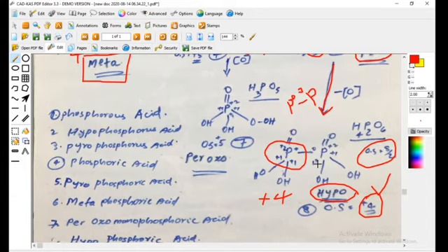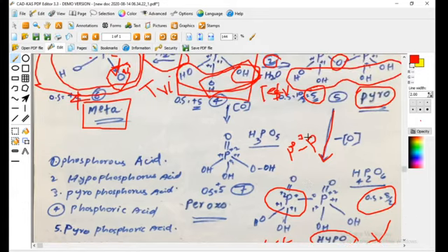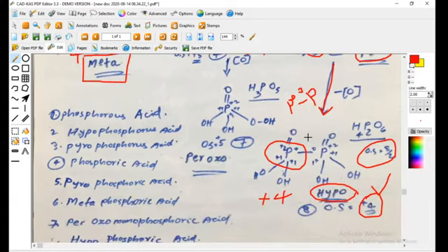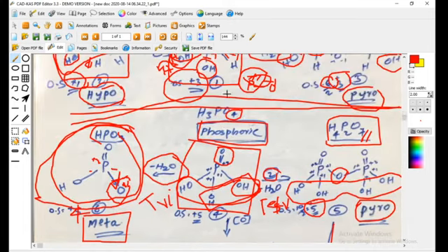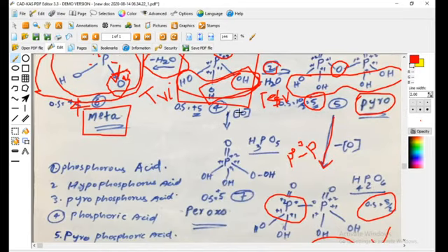In order to get the correct oxidation state of this type of acids, we have to go through the structures. The phosphorus-phosphorus bond will not be counted in some cases, and in some more cases a peroxide bond is there. Anyway, oxidation state calculation by structure is better for these acids. Okay, remember that.